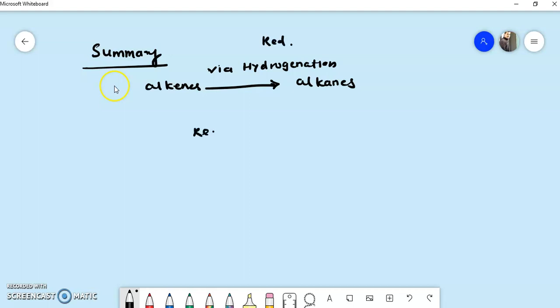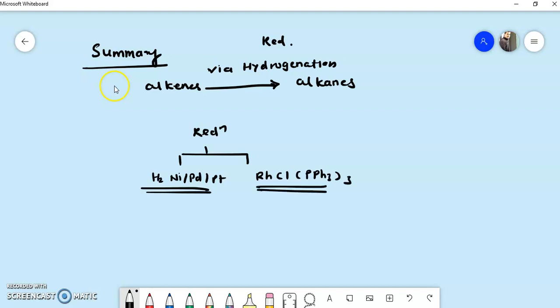Now this reduction can be carried out in presence of hydrogen on the surface of nickel, palladium or platinum, or it can be carried out by using a Wilkinson catalyst RhCl(PPh3) taken thrice. So by both ways, the addition of hydrogen is a cis addition. So this is all about the hydrogenation of alkenes or reduction of alkenes to form alkanes.